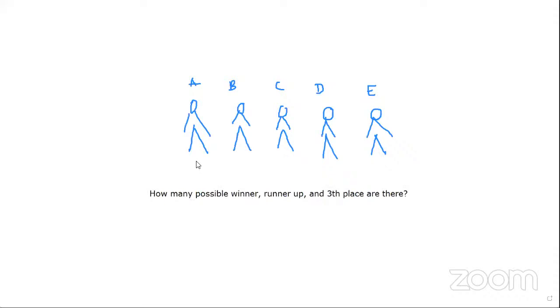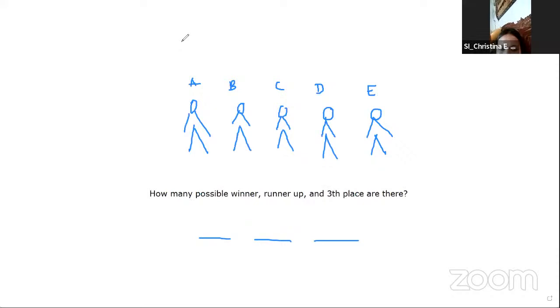Before, in the example, we had 4 persons and we were interested in 4 places. But here, there are 5 persons, but we are only interested in 3 places: the winner, the second place, and the third place. So how many possibilities? 5 times 4 times 3.